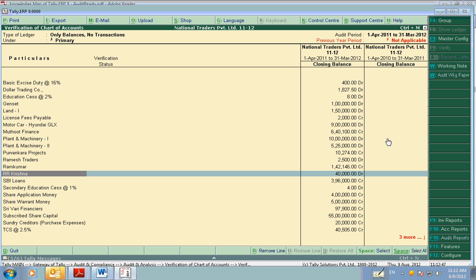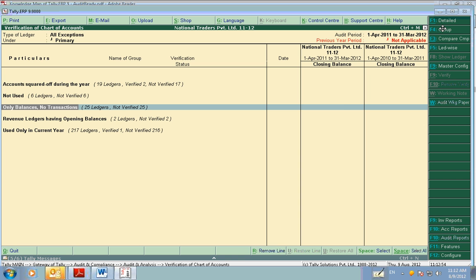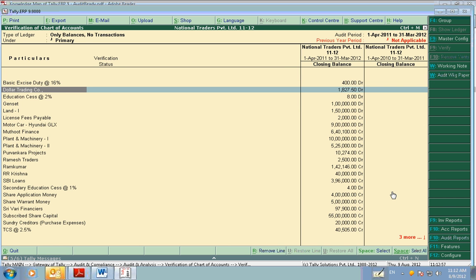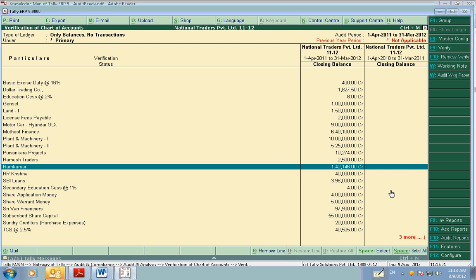So here on highlighting, you can go to the ledger-wise details. Let us go to any of the options where it gives you the entire information. Here again you have this master configuration belonging to any of these particular balances.